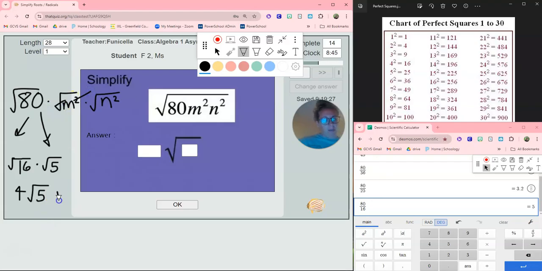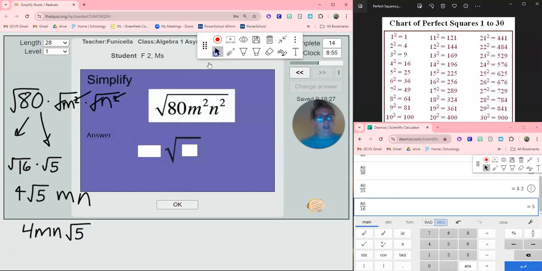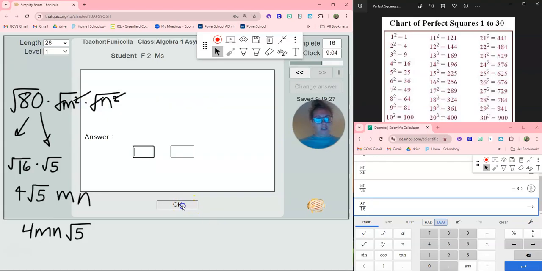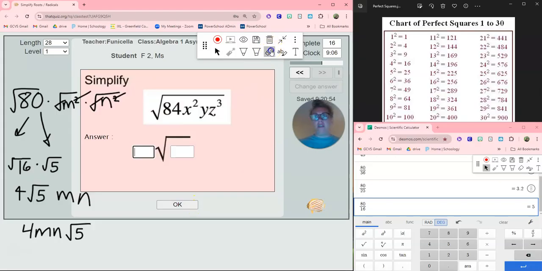That cancels and we can pull out an m. And the square root of n squared also cancels and we can pull out an n. So we have 4mn times root 5. 4mn times root 5. And then hit OK. Beautiful.